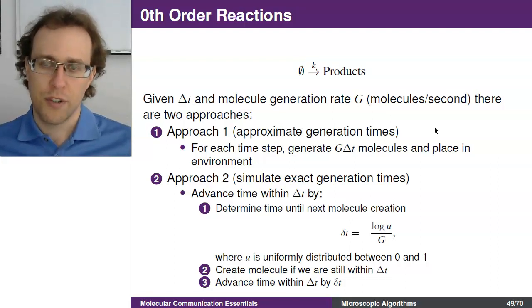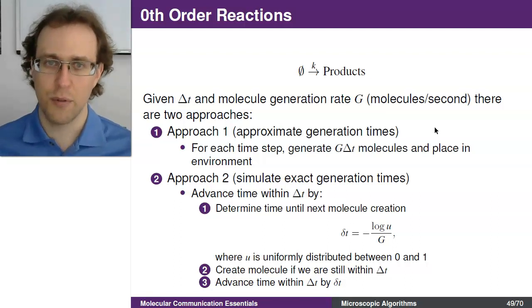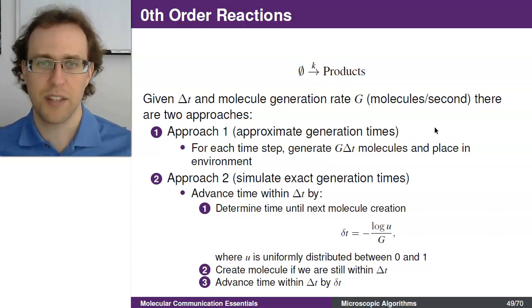A second approach is you can simulate exact generation times. Within your time step, you actually move in sub-steps. For each sub-step, you determine a time until the next molecule creation.